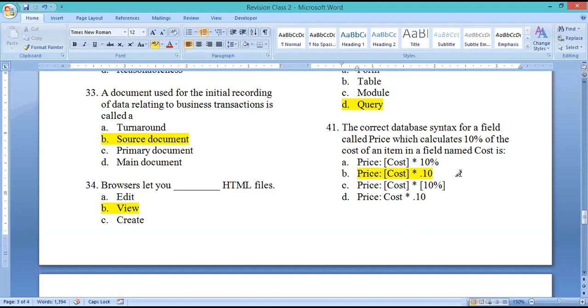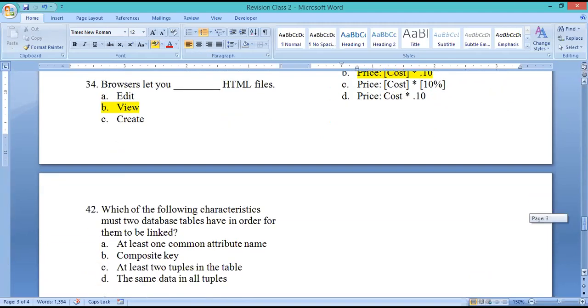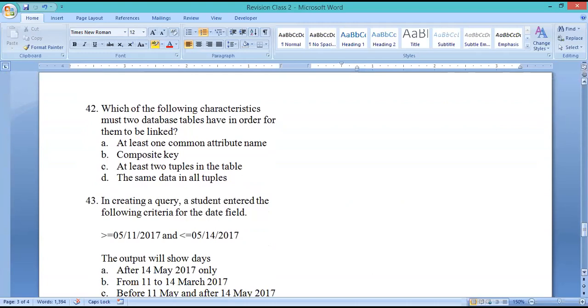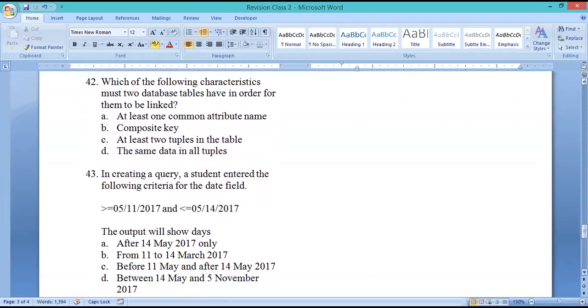So C is out. When we're doing the calculation, we also don't type 10%, you convert it to its decimal format. So that is out, so the answer is B. Please remember these things. Go back and watch the videos on YouTube after we finish, because you don't remember anything.